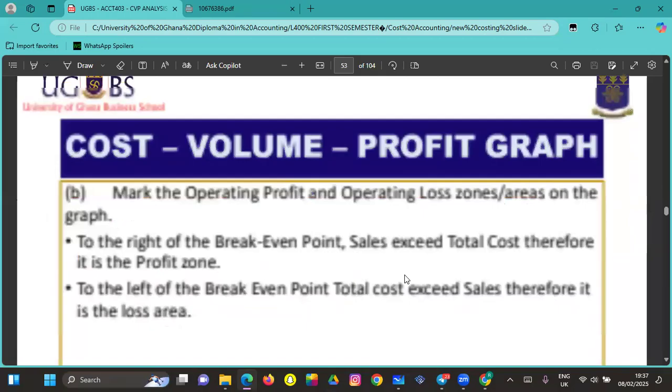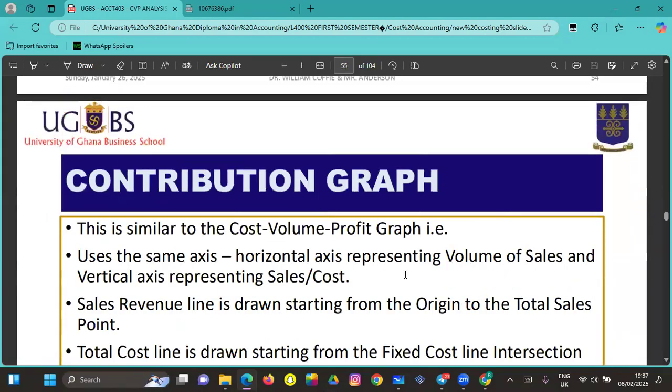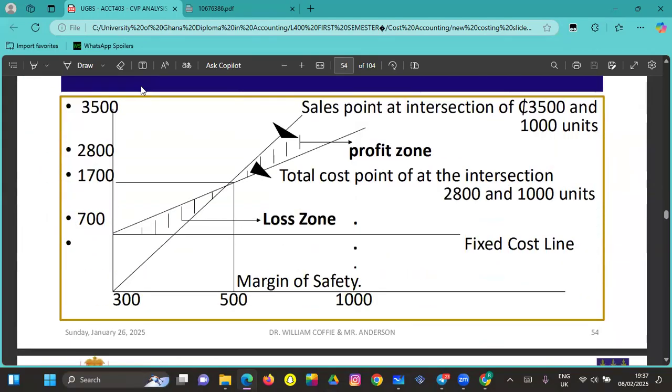And then we spoke about the graphs. So this graph, for example, I think we'll solve more questions to cover it, where this is our sales line and this is our total cost line. Where they meet becomes the break-even point, and any point above where they've met becomes the profit zone, and any point below becomes the loss zone.